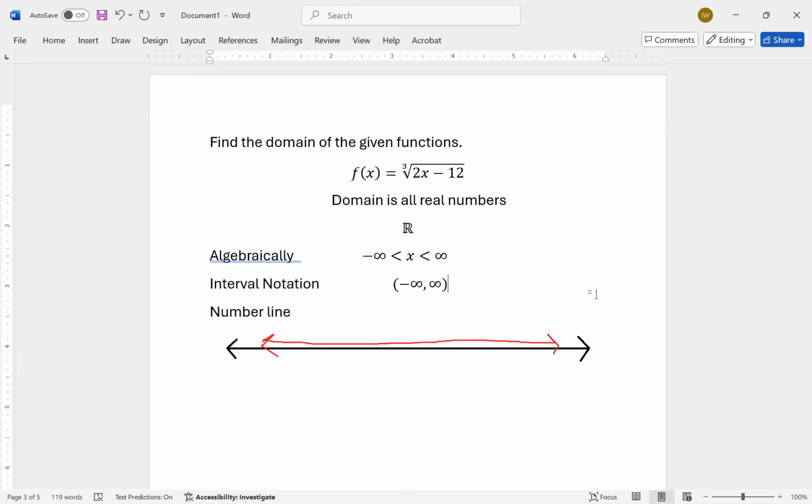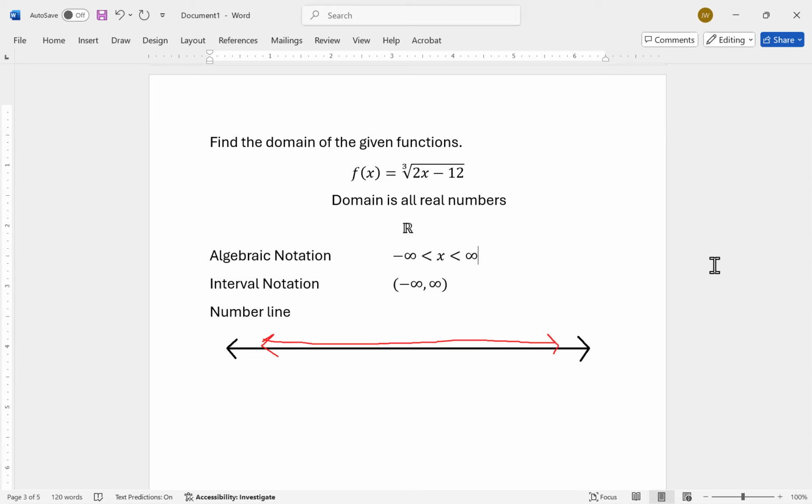That's interval notation. So we see our algebraic notation, then the interval notation, and then the number line there. So that's when we have all real numbers.